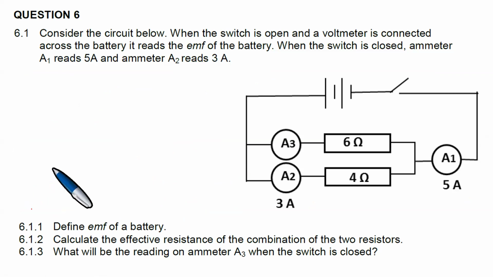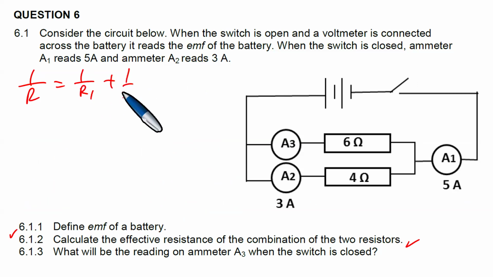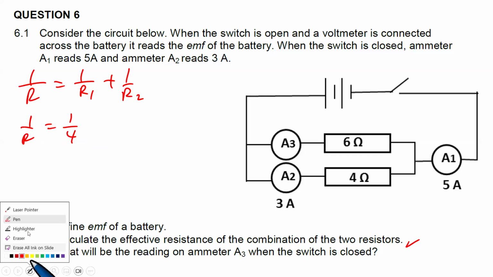The next one is 6.1.2. Calculate the effective resistance of the combination of the two resistors. To find the effective resistance, we say 1 over R is 1 over R1 plus 1 over R2, which is 1 over 6 plus 1 over 4.